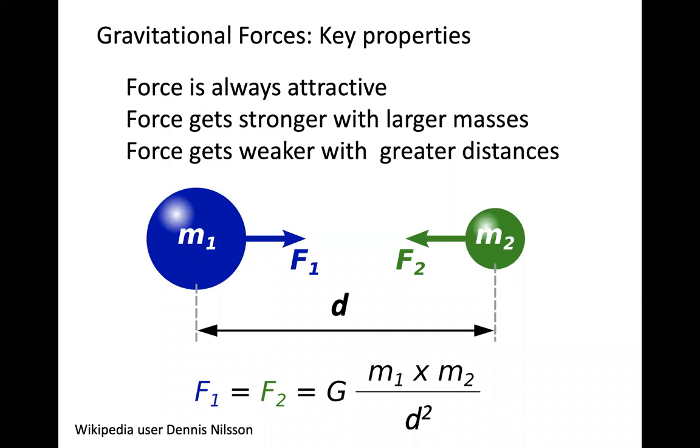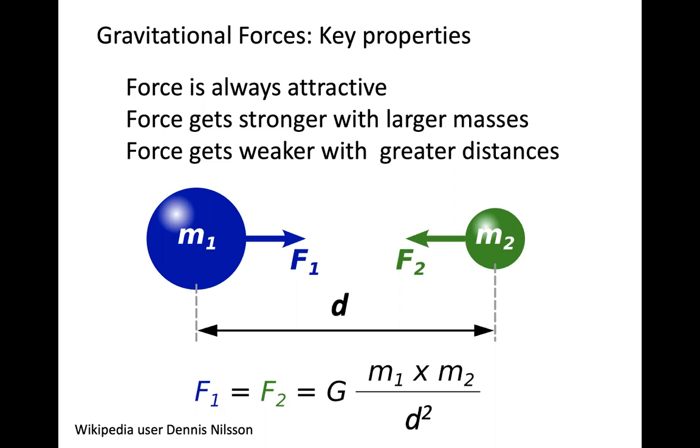Now, this gravitational interaction has just a few key properties. It's often expressed using a diagram like this with a couple of objects or a formula like this. Now, formulas, I know, can sometimes be a little intimidating, but basically this formula sums up a few key properties of this interaction. And whether you want to understand this in terms of words, pictures, or equations is up to you.